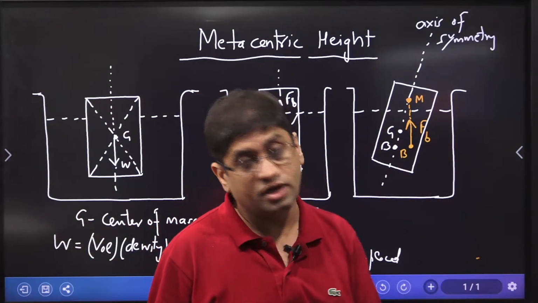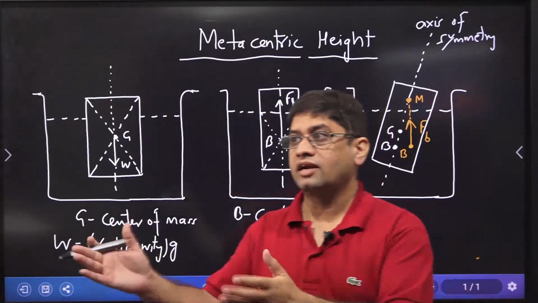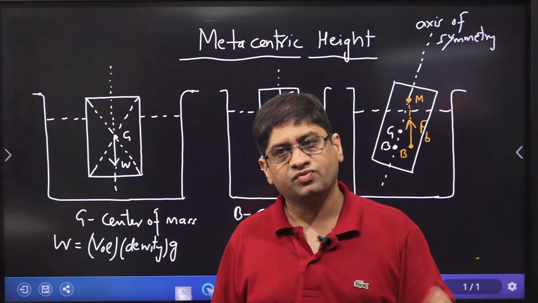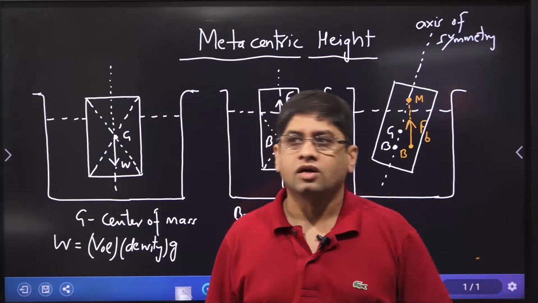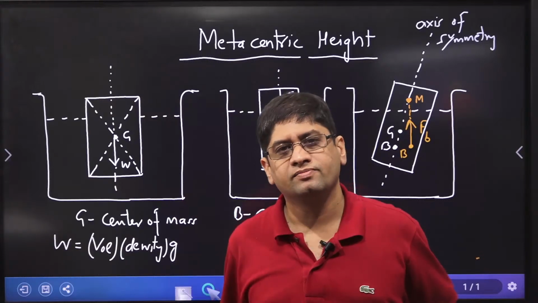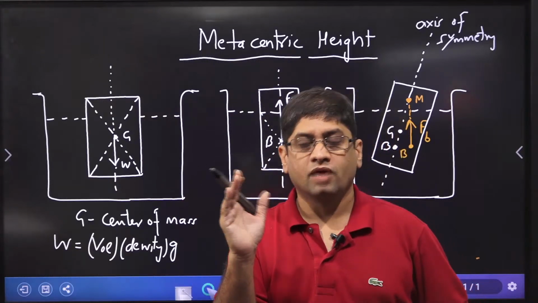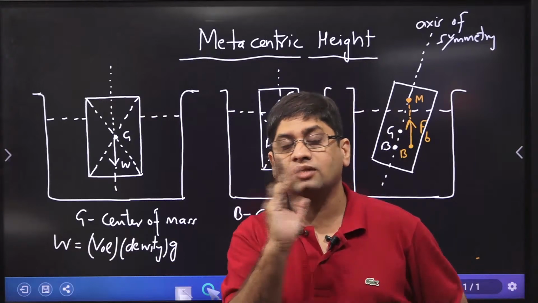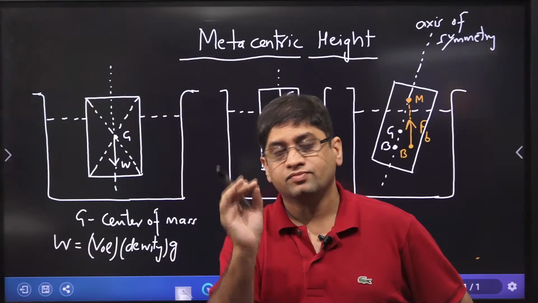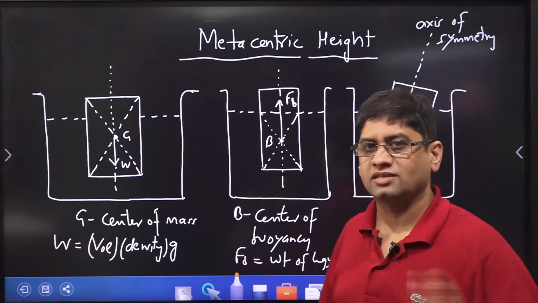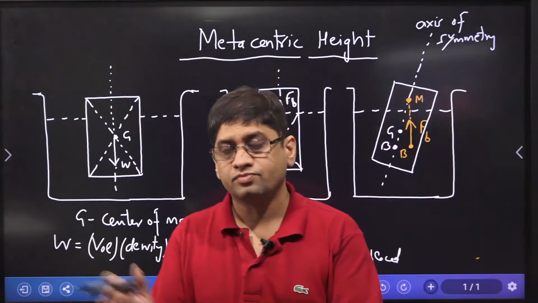But that is not the only definition of metacenter. There is another definition of the metacenter, that is, this is that point at which the body will start oscillating if it is displaced from its mean position. If you displace the body from mean position, it starts vibrating or oscillating. That point about which it oscillates is called metacenter. But there is a catch in this.